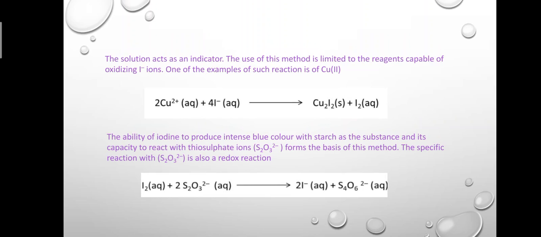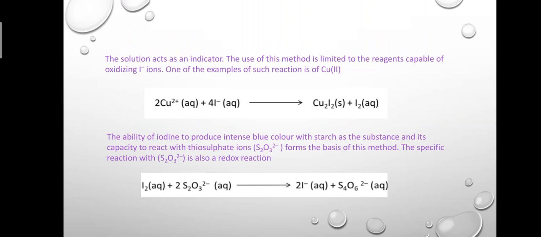One of the examples of such reaction is of copper. Here, 2 Cu2+ is added with 4 I- and it gives Cu2I2, that is cuprous iodide, plus iodine.